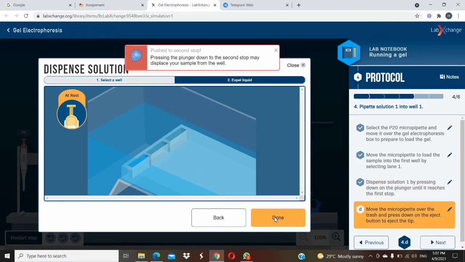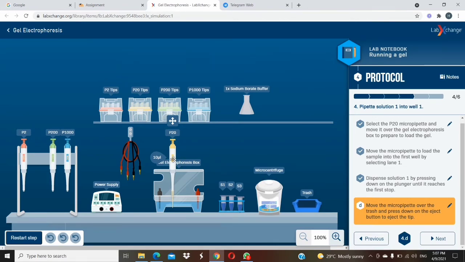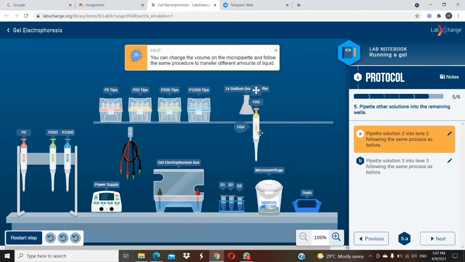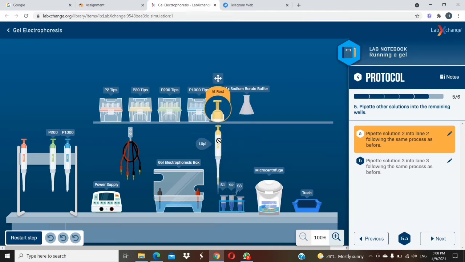Press. Done. After finishing the procedure, we have to eject the tip. Next, repeat the following steps for solution 2 and solution 3. S2, draw up, close.